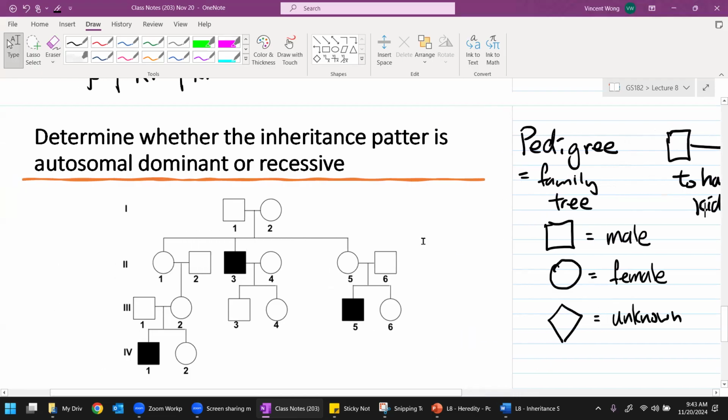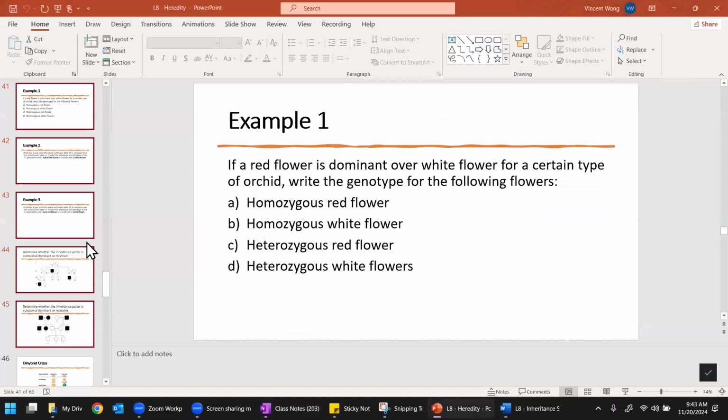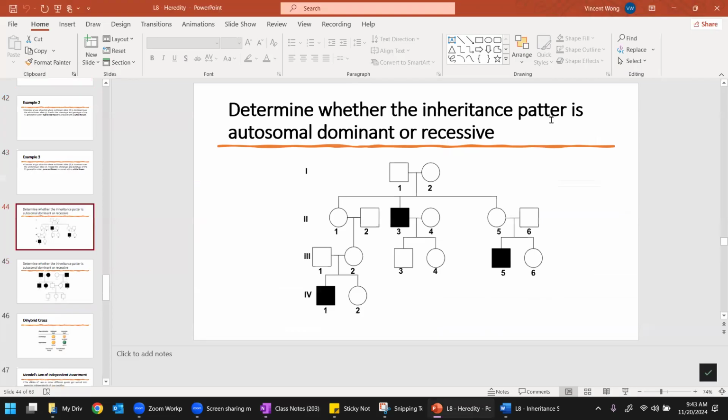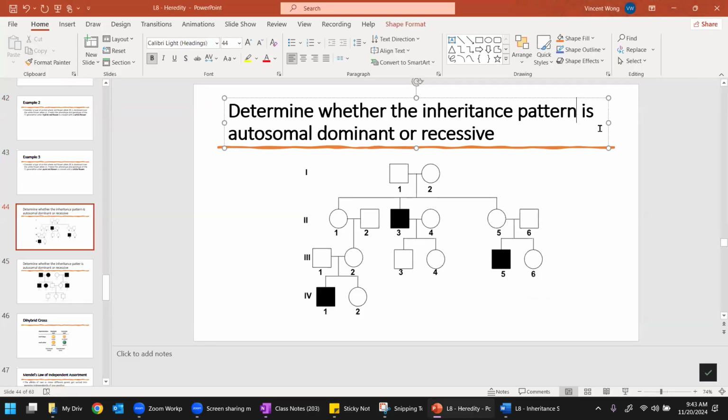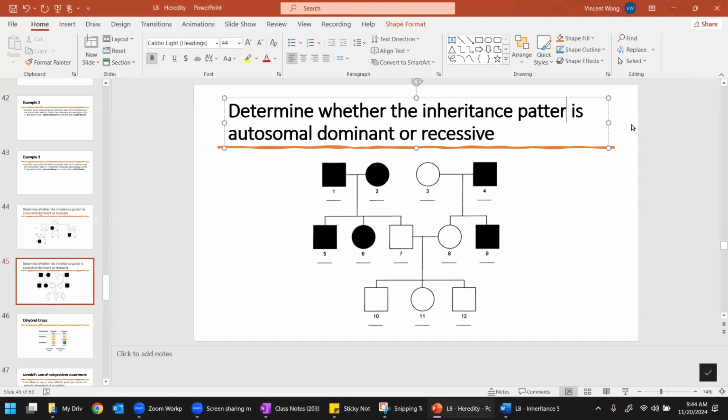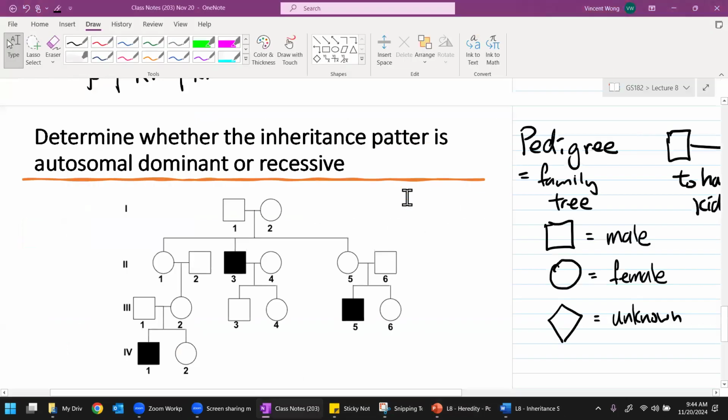And then the question I'm going to ask you, I just realized there's a typo. It's funny, you've been using these slides for a long time and nobody ever noticed these errors, including myself. So, determine whether the inheritance pattern is autosomal dominant or recessive. There are different kinds of inheritance patterns. The trait can be dominant or recessive, and it could be autosomal, or later on we will learn sex linked.